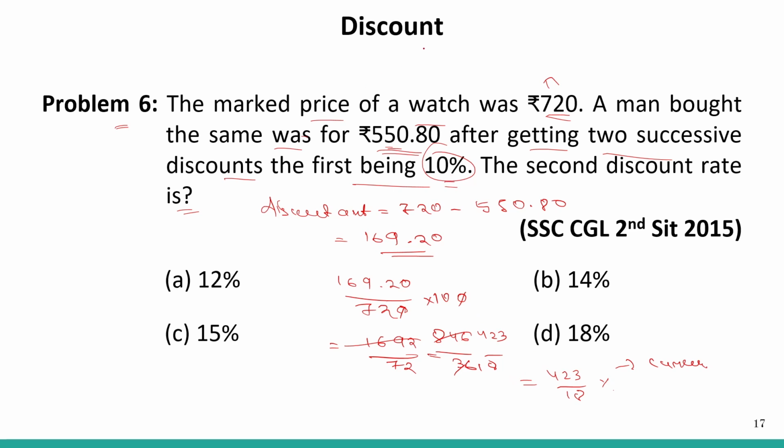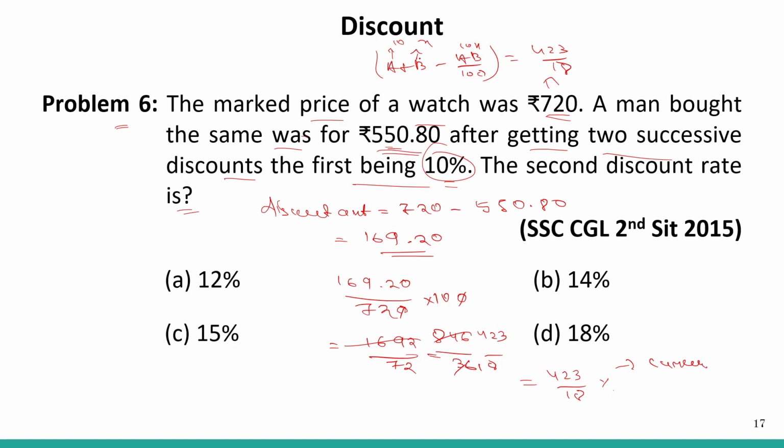the second discount. We can put the formula a plus b percent minus ab by 100. Okay, so we are given 10 here. Okay, and let the other be x, so it will be 10x. So this will be equal to 423 by 18, right?